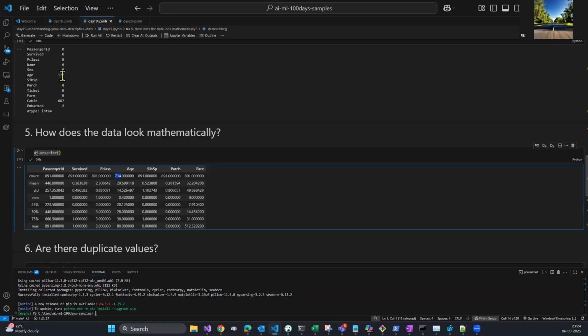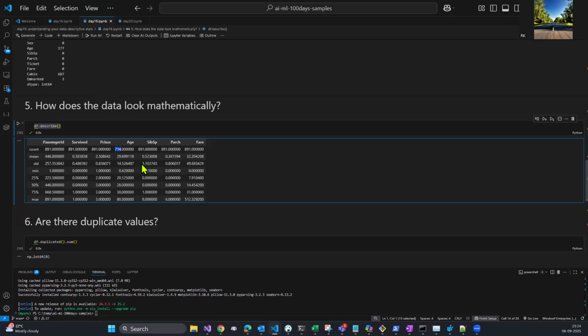In Age, 177 are not there. So similarly, it will show the counts of values, right? And basically this mathematical description applies to numerical data types only.